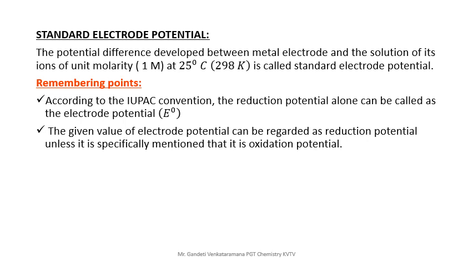Because according to the IUPAC convention, the reduction potential alone can be called the electrode potential. This point is very, very important, that's why I have been repeating. You may get bored also. Clear?